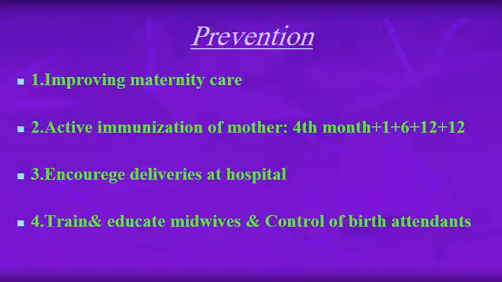Because here we are giving active immunization to the mother not only for her sake, it is primarily for the sake of the child, so he will gain immunity from the mother, and he will gain antibodies while he is still in the intra-uterine period. So the 4th month, the first dose, then after 1 month from this dose, the second.